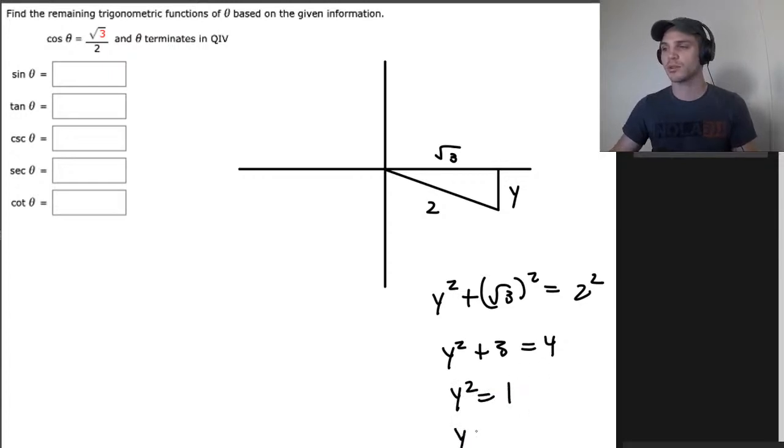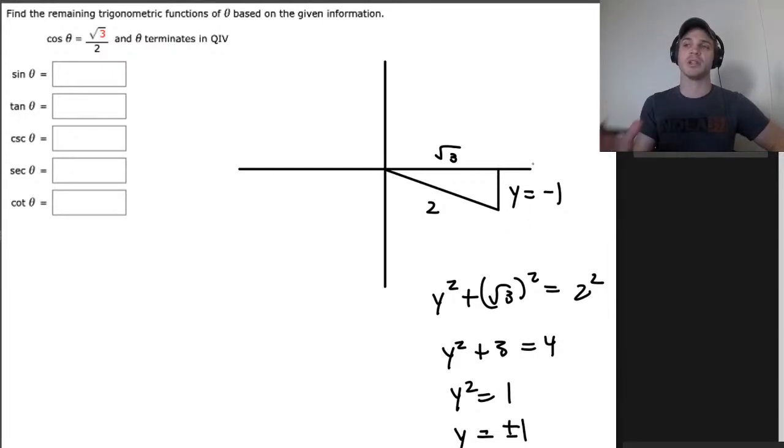Then we'll take the square root of both sides, and here we're going to get plus or minus root 1, which is 1. We know that in this quadrant, the y coordinate of a point is negative, so we'll take this to be negative. Now we've got our 3 sides of this triangle. These may not be the actual 3 sides, but the ratios will be correct, so that's the only thing that matters.